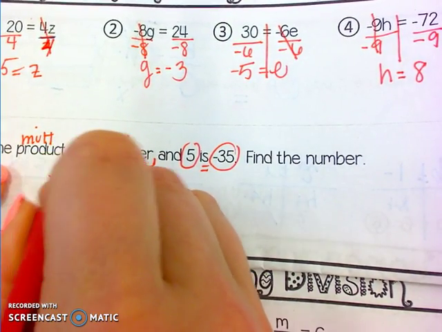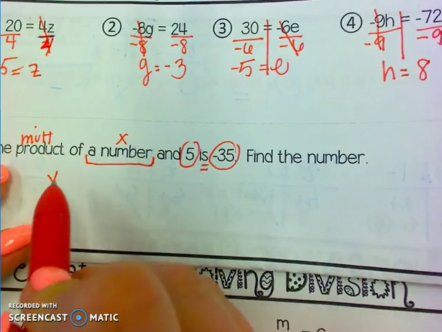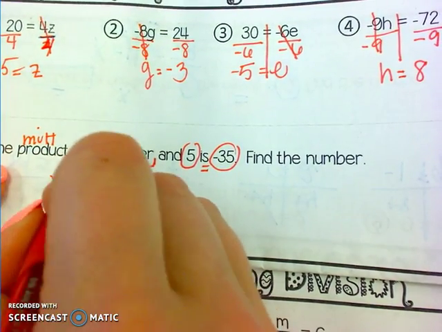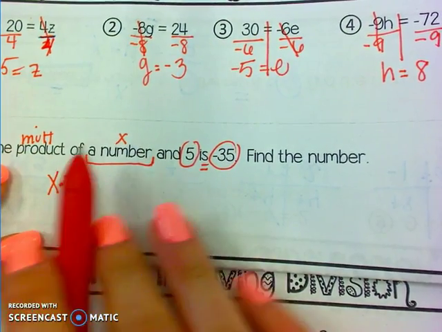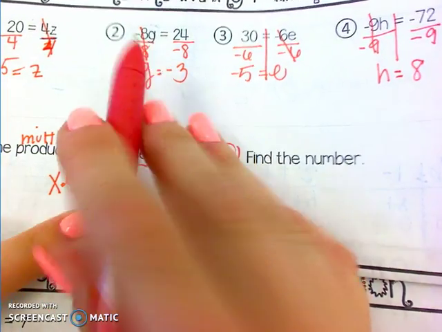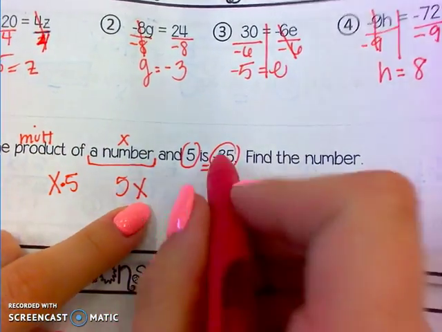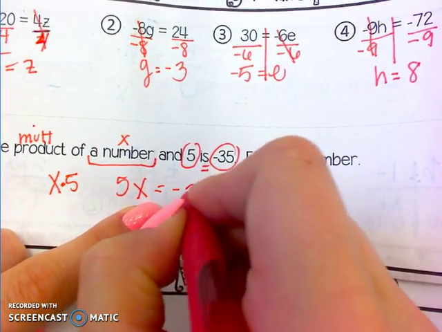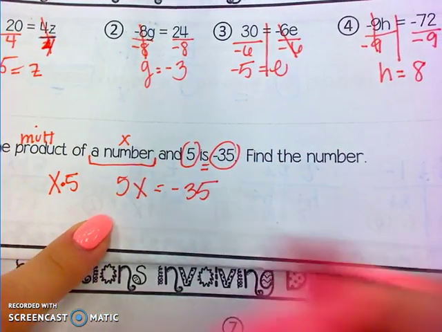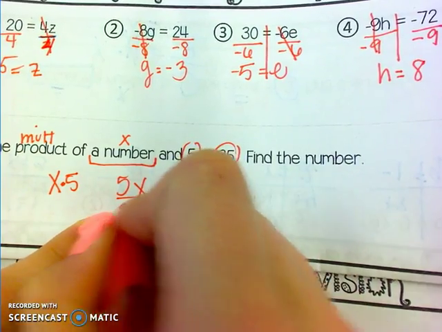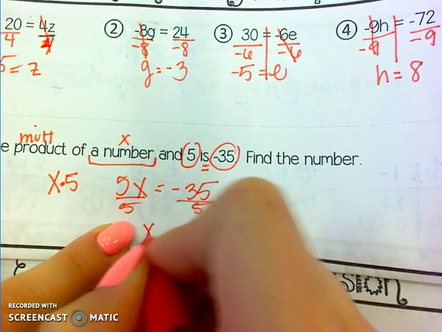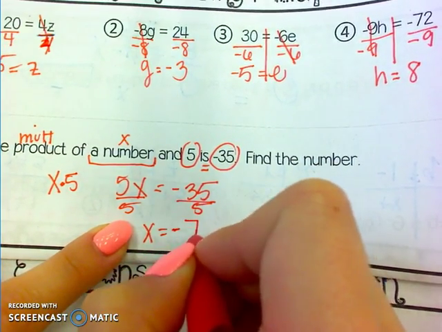So I can say times 5, but like this. But more often we don't see it like this. We see it as what we have up here. 5x is, and then -35. To solve, I'm going to use the inverse of multiplication, which is division. X equals -7.